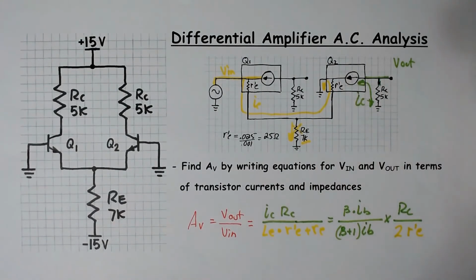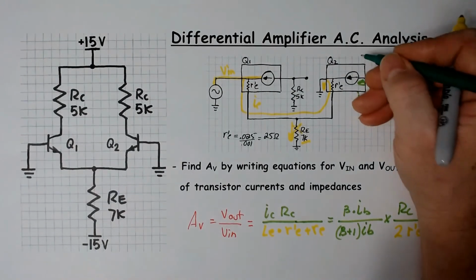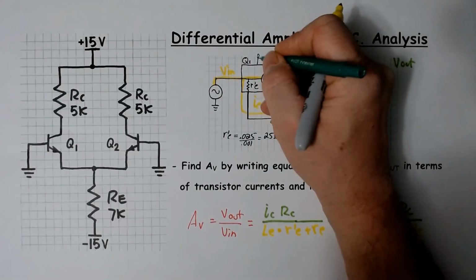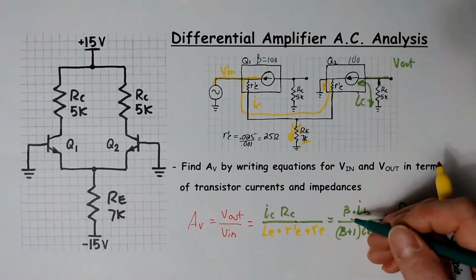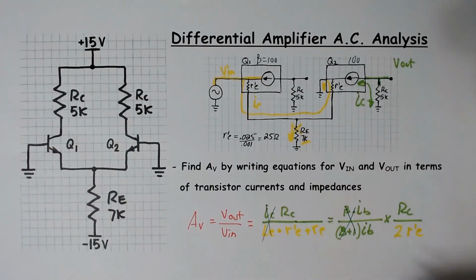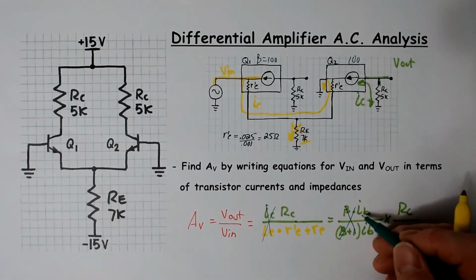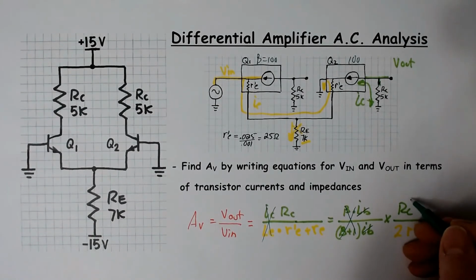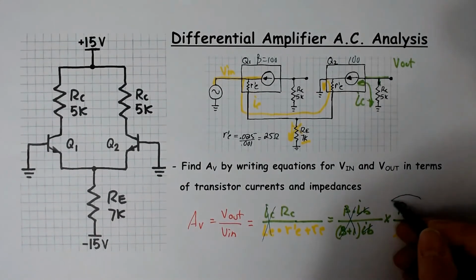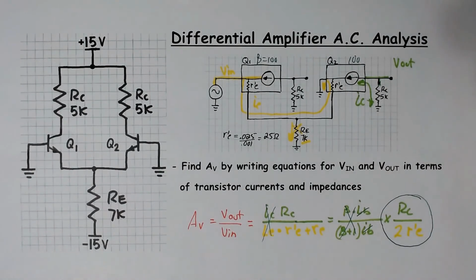I think we said in the previous example that we were going to make beta equal 100. Well, 100 over 101 is essentially 1. So let us approximate it to 1, and IB over IB cancels out, leaving us with the gain, the single-ended gain of a differential amplifier is RC over R prime E.